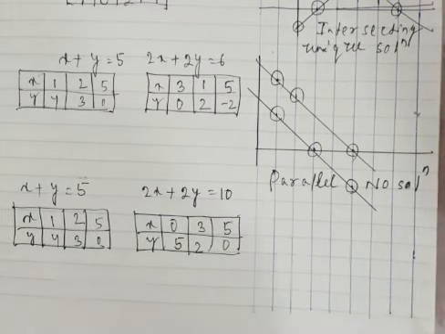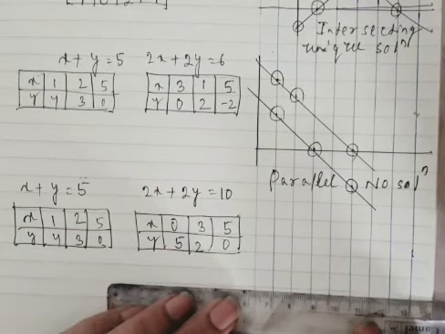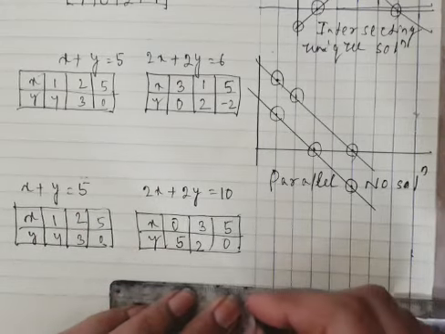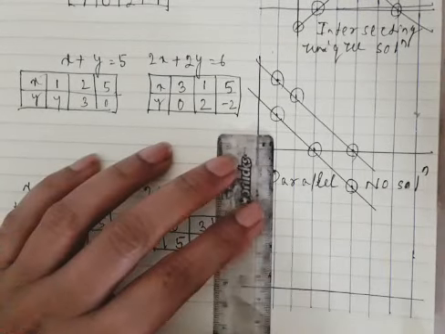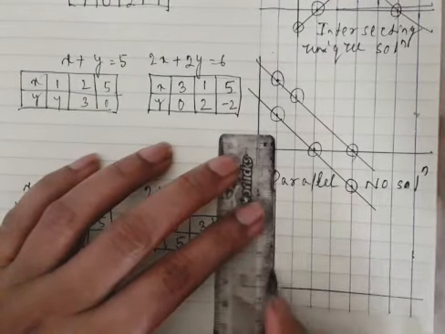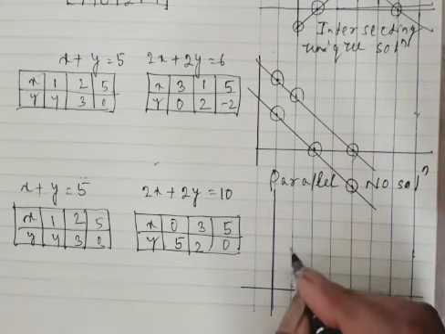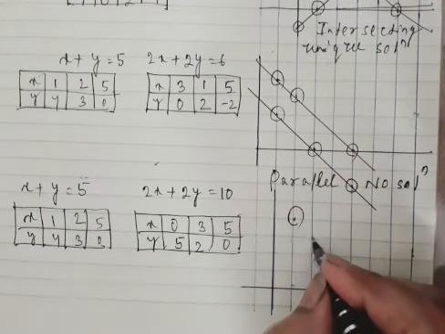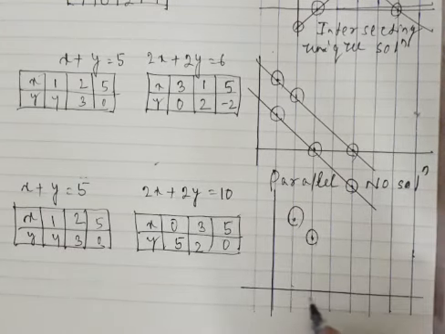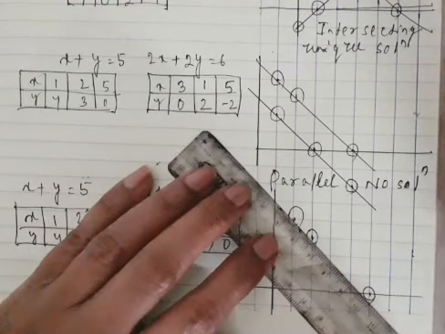Let us draw the graph again here also. So if I am taking this as the coordinate axis, 1, 4; 2, 3; 5, 0. Now let us draw the line.